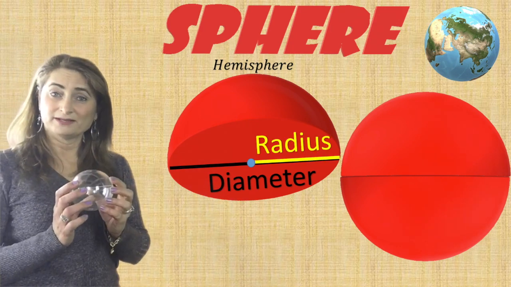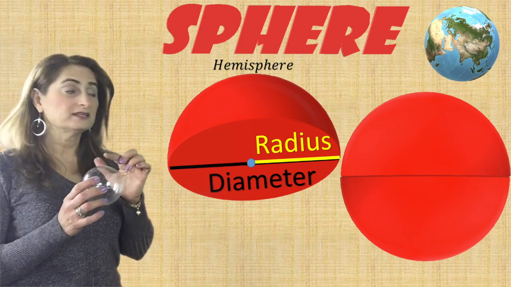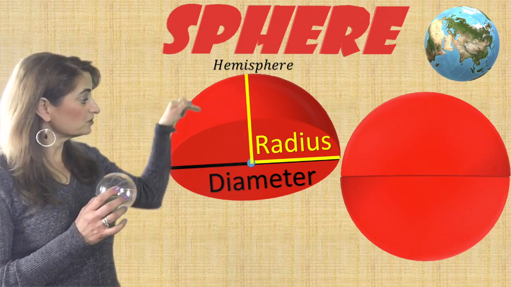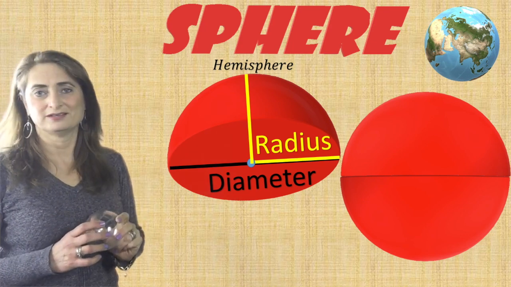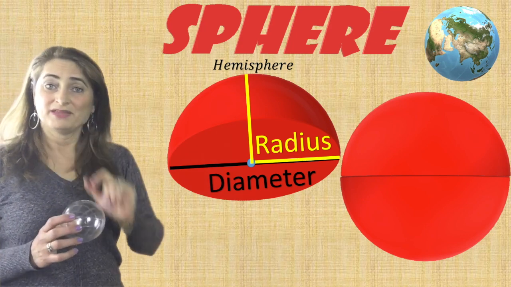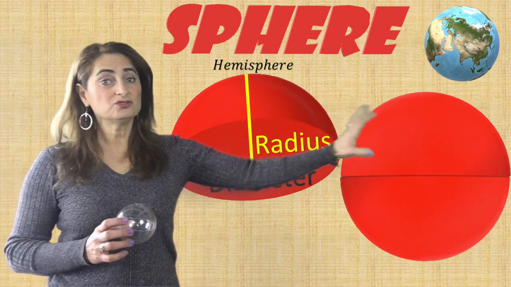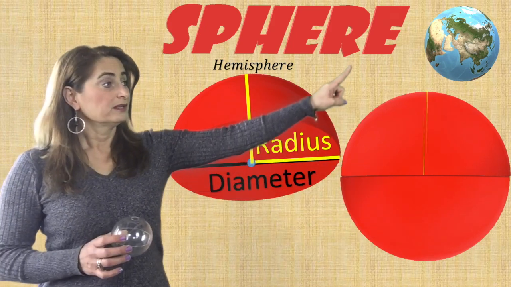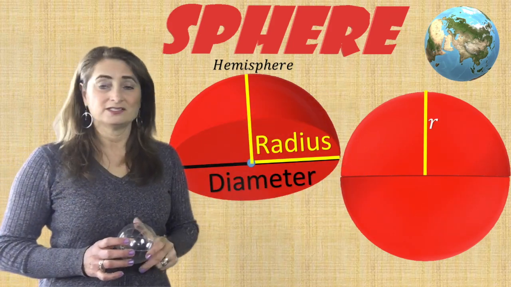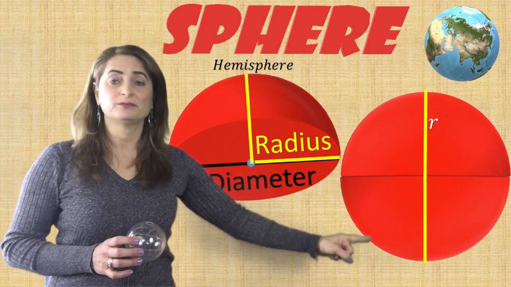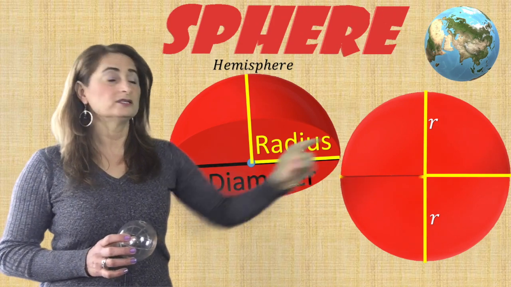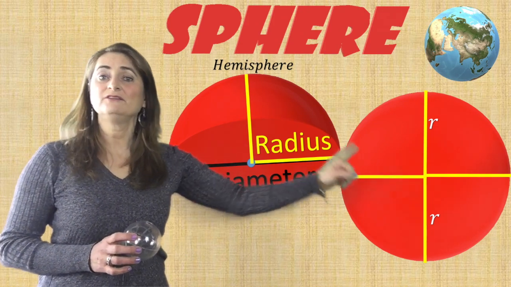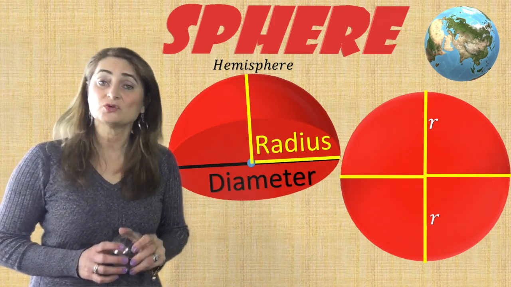What's special about a sphere is that if you take the top of the hemisphere to the center of that circle, that is also the radius. Keep that in mind. So if I go to the whole sphere, from the top to the center, that's a radius, and from the center to the bottom is also a radius, and from one side to the center, that's a radius, and from the center to the other side, that's also a radius.